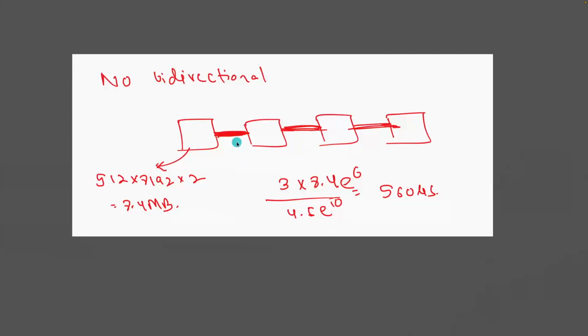Also, all of these are bidirectional, so this one can receive data from here and simultaneously also receive data from here, hence the bandwidth also becomes twice. So this would take around 46 microseconds.